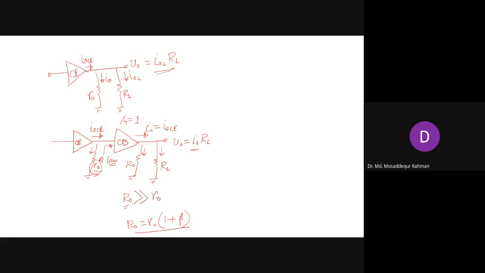So if you take the ratio, a very small, negligibly small fraction will flow here, so you can always ignore that. So most of the current will actually flow in the common base, and that will be transferred to the output side. So this is what is known as the current buffer. Unlike the common collector, which works as a voltage buffer, the common base works as a current buffer.